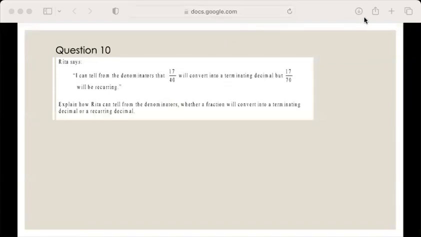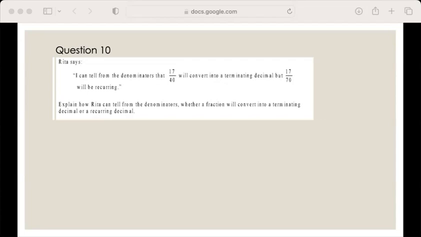Right, now this is Rita's argument. So the question is, explain how Rita can tell from the denominators whether a fraction will convert into a terminating or a recurring decimal. How can you figure out whether something is a terminating decimal or recurring decimal from its denominator?